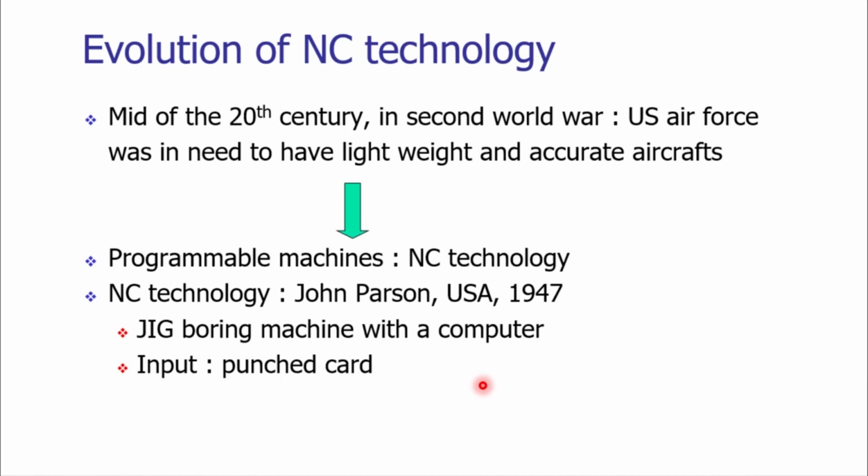In case of editing the program, we needed to discard the entire punch card. So we needed a technology which could help with editing as well. With the advent of computers in the 1970s, NC technology got tremendous popularity due to its powerful capability of editing the program online and its memory storage capabilities.